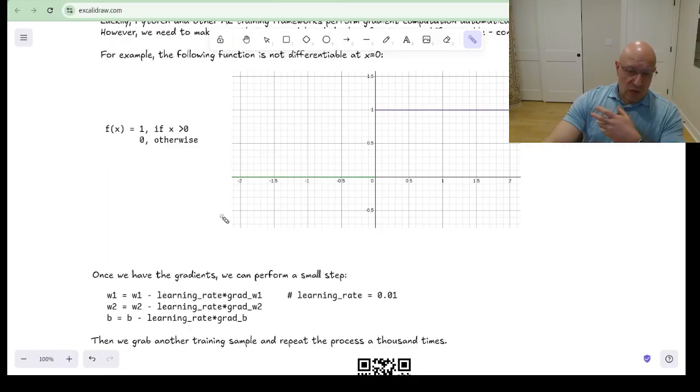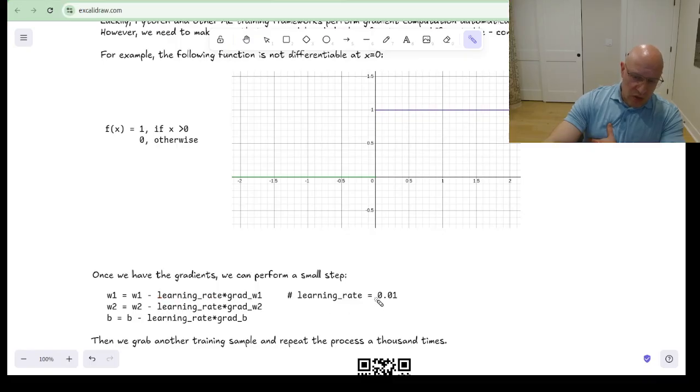Once you ask your machine learning framework to please compute gradients for the loss that you have, then you apply the updates to your model. So you say W1, this is your model parameter. You subtract the gradient that you computed, multiplied by some learning rate.